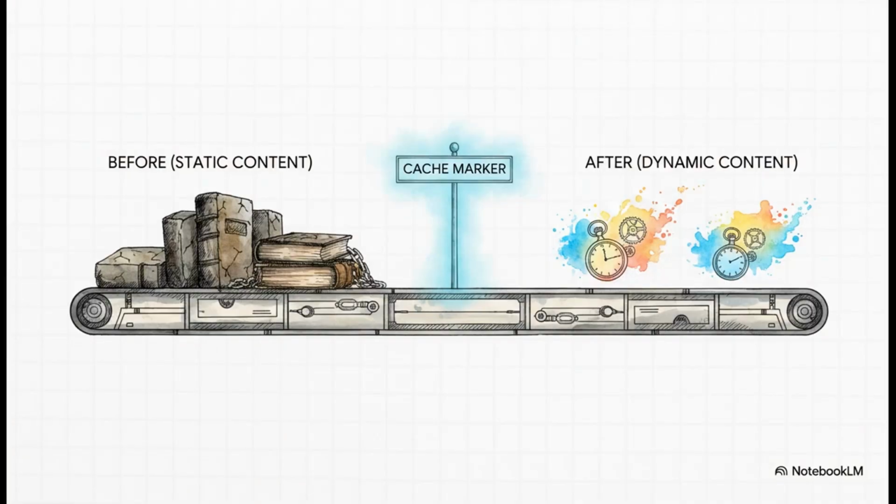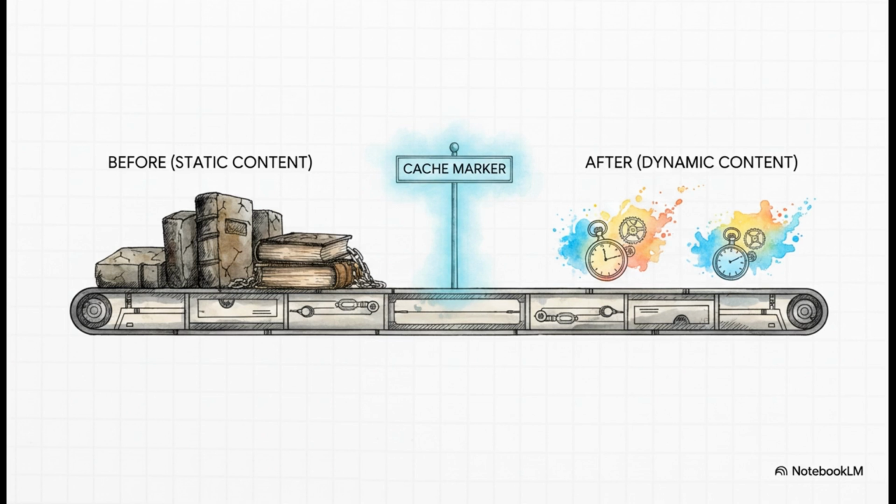Luckily, the architectural fix for this is super simple. Any dynamic content needs to go after the cache marker. All your static, unchanging content goes before it. Got a timestamp? No problem at all. Just add it as a second separate block completely outside the cache. If you get this right, you unlock that massive 90% discount. If you get it wrong, well, you're actually going to be paying more.